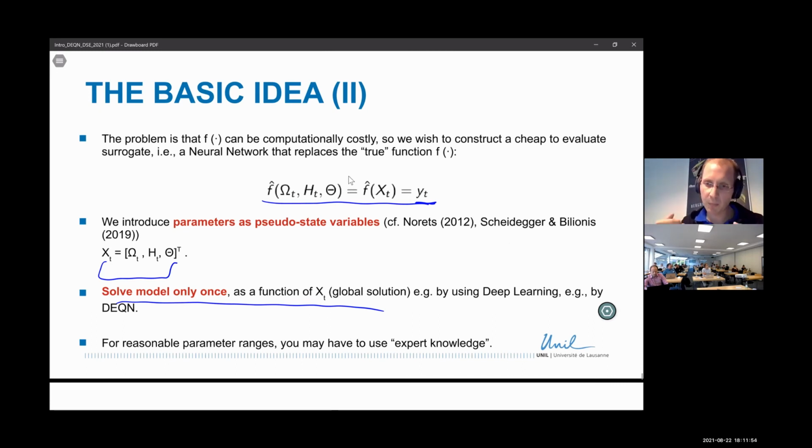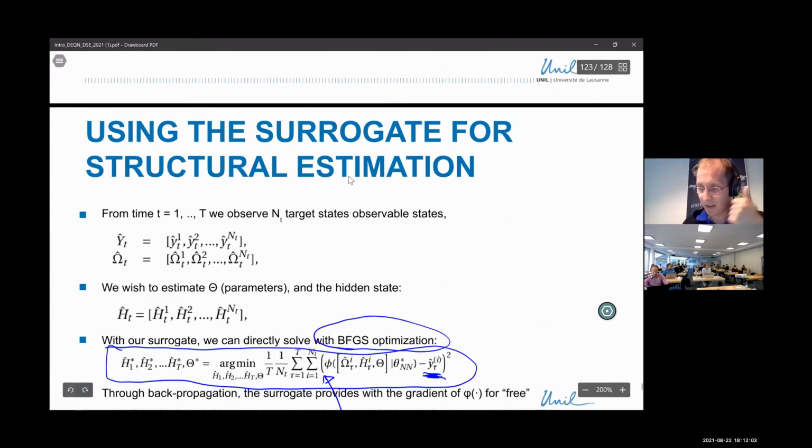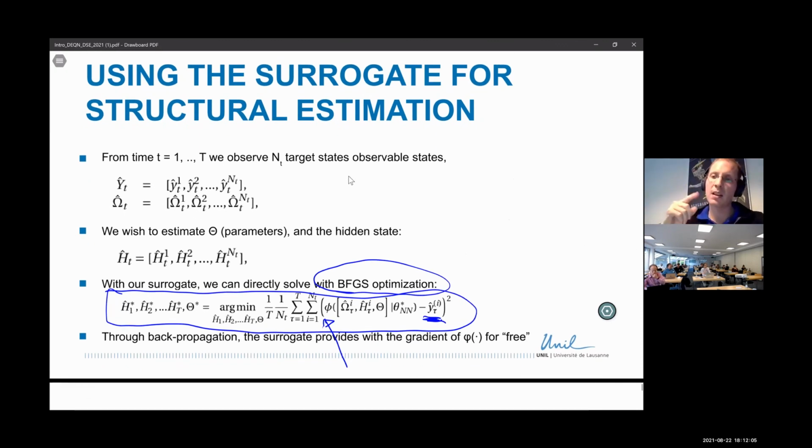So when you solve the model, you also get the moments for free. So you can have the solution of your model, the policies, but you can also have the moments as an output.